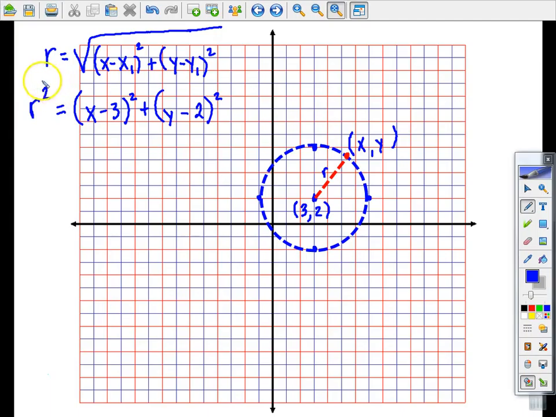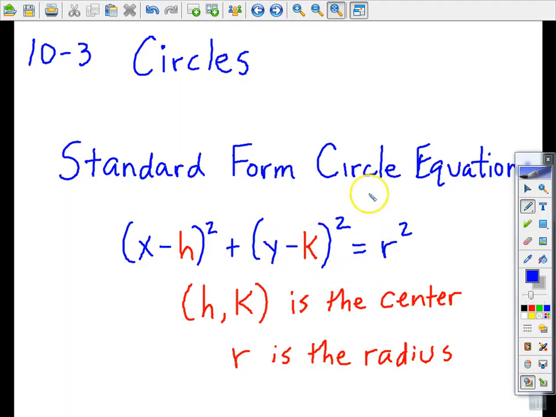I would need to know exactly what this number r squared is, but what I've done here is I showed the class that the standard form equation for a circle flows naturally out of the distance formula. Because as you can see here on my next slide, this is the official standard form circle equation. And this is what we're going to be using quite a bit in this lesson.